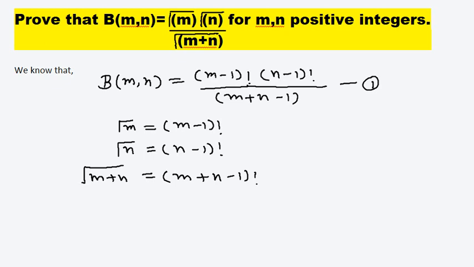So now here we can say gamma m times gamma n upon gamma (m plus n).